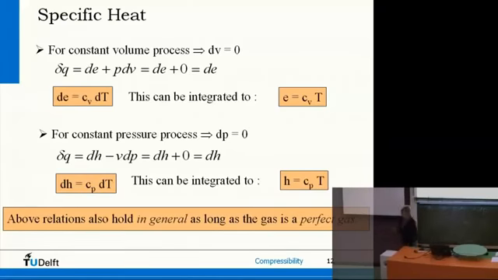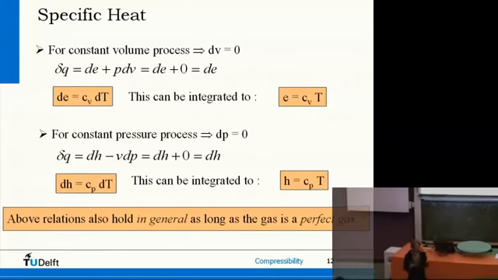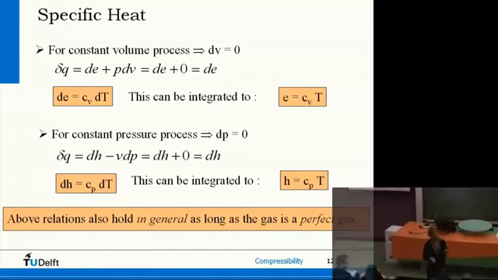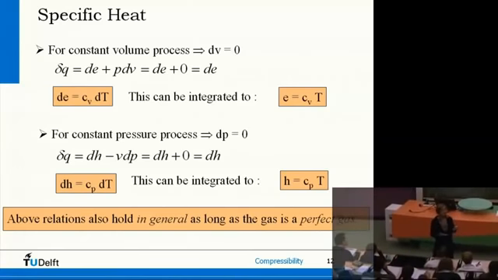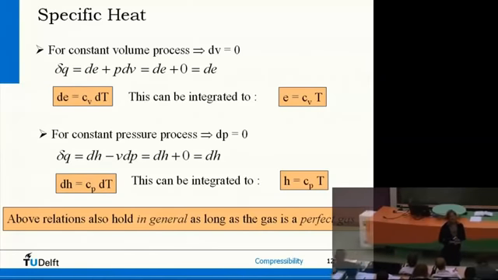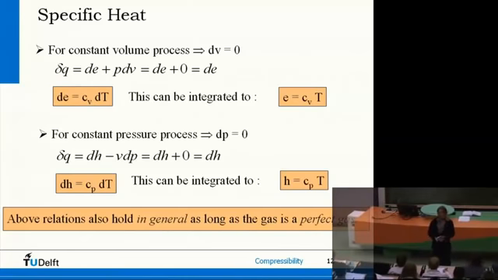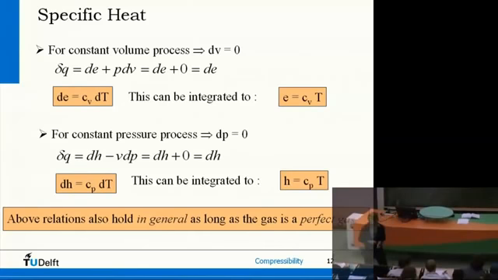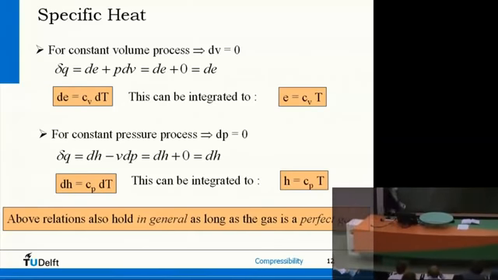And these, interesting enough, I derived them for a constant pressure process and a constant volume process, but these relations hold as long as you have a perfect gas. So you don't need these specific processes anymore. You can remember E is Cv times T and H is Cp times T. So temperature relates to internal energy per unit mass and enthalpy. Okay, so that's something to remember.